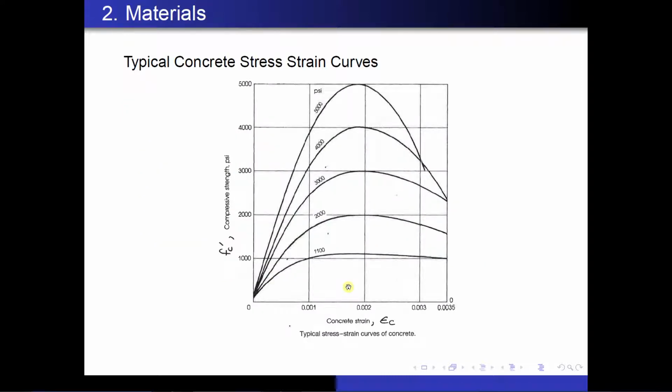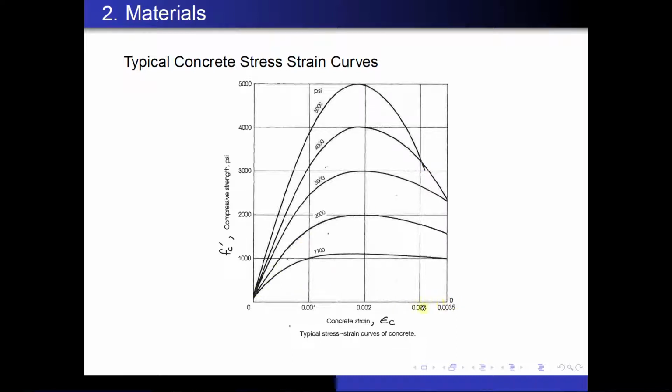Here's a typical concrete stress strain curve. In fact, there are several of them, and you can see there's a somewhat linear portion. It gets to its peak value and then it rapidly loses strength. This can be really rapid strength loss, sometimes even explosive. So there's not a lot of ductility in concrete.